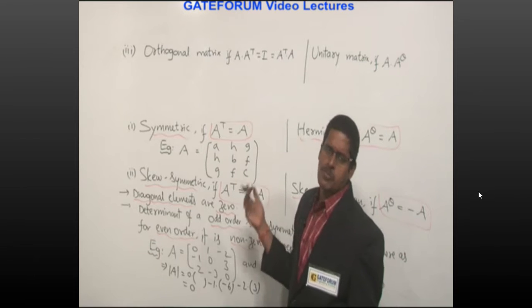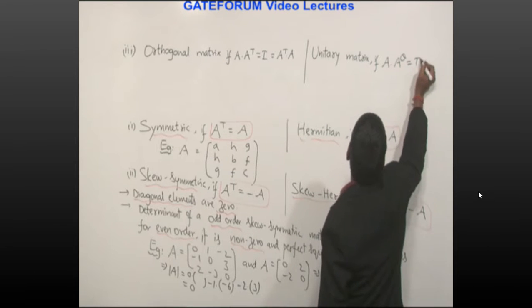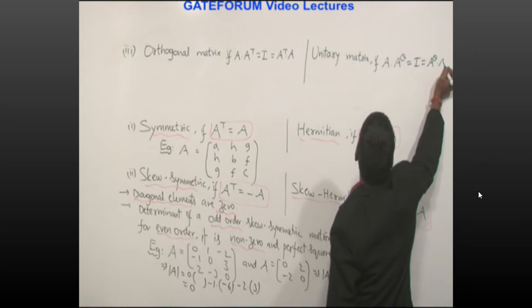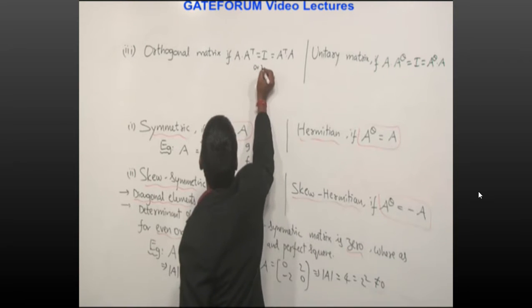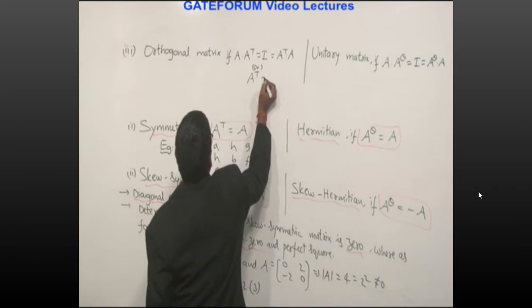Just replace transpose by theta, is equal to I is equal to A to the power theta into A. This can also be proved.